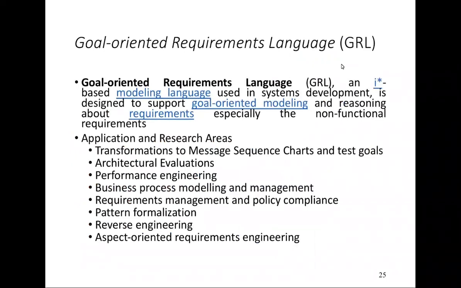The GRL, which uses the i-star notation that I explained earlier, is considered a modeling language used in system development. It is very well known to support goal-oriented modeling and reasoning about goals and requirements, specifically the non-functional requirements. We model both functional and non-functional requirements, but it is widely used for the purpose of modeling the non-functional requirements.